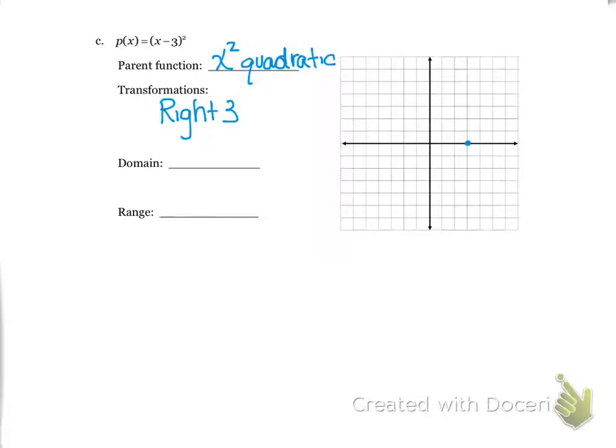And I'm going to take all those other key points and do the same thing as well. The domain on every quadratic is all real numbers, but the range now is 0 to infinity, because I didn't go up or down. I just went to the right.